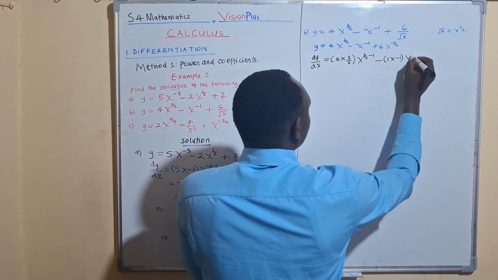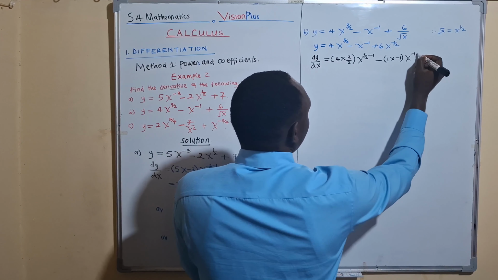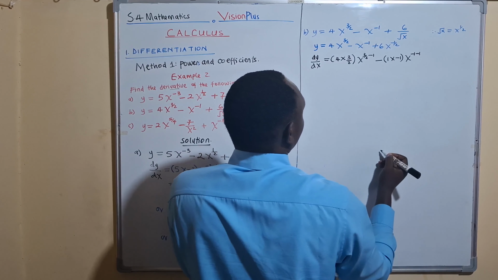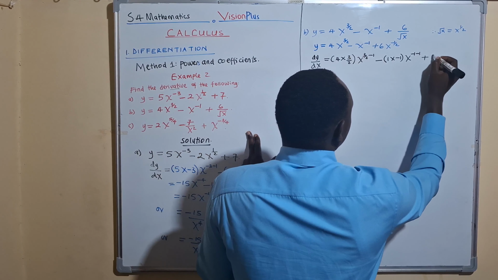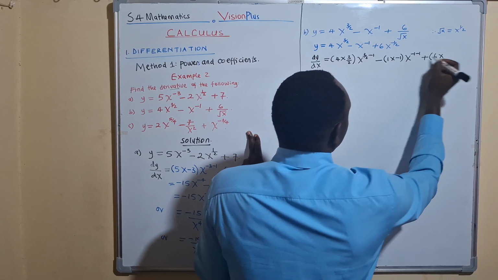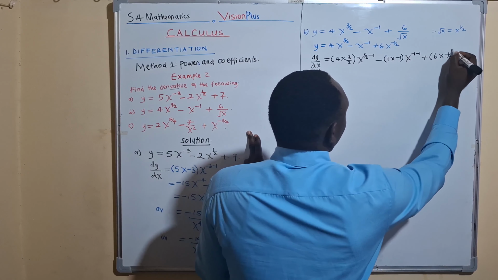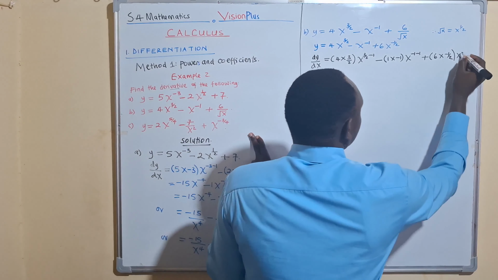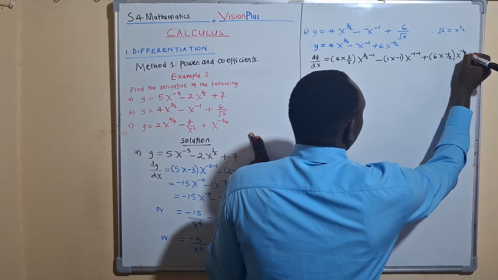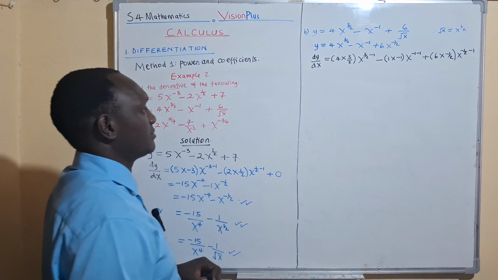Then we attach x. Now the new power becomes the whole power, which is negative 1 minus 1. We have differentiated that second term. Then we proceed plus 6 times, we lower the power again, which is negative half. Then we say x. Now we need a new power, which is the whole power of negative half minus 1. Now we have differentiated all the terms.